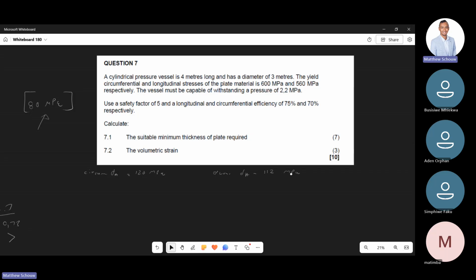Let's see the thickness of plate. And remember, whatever plate you select, you should state there: use plate thickness of so much, it should be able to withstand both pressures, strong enough for both joints. They normally give a mark for that.